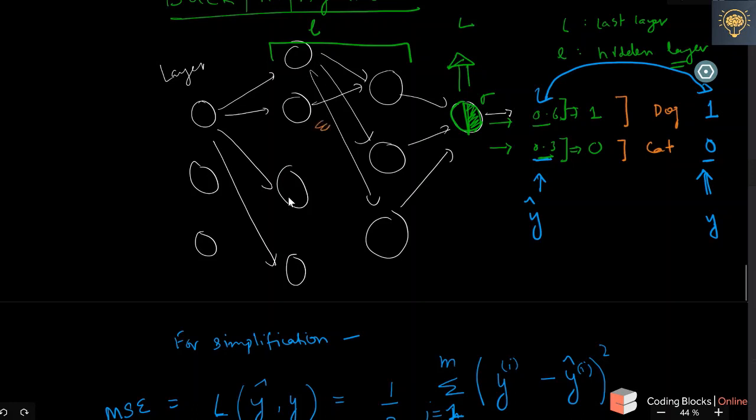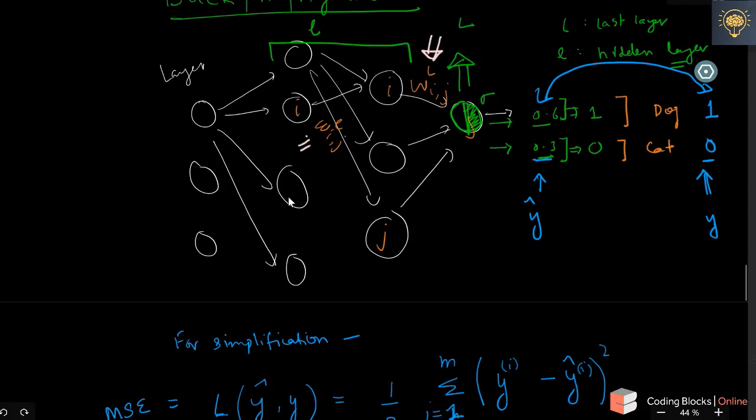Let's say this is the ith neuron, this is the jth neuron, and this is W of capital L, i j. This is some other i neuron, this is some other j neuron. I want to analyze, if I change a particular weight, how does my loss function change?